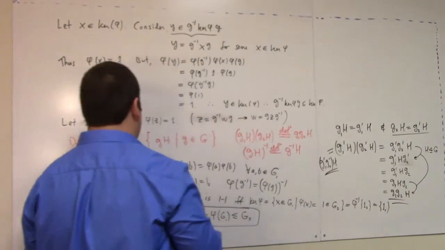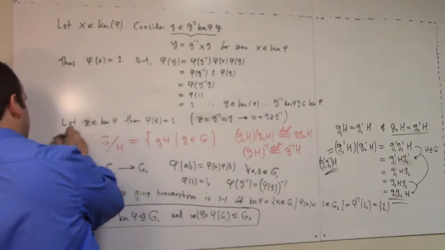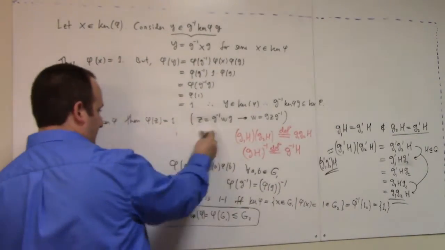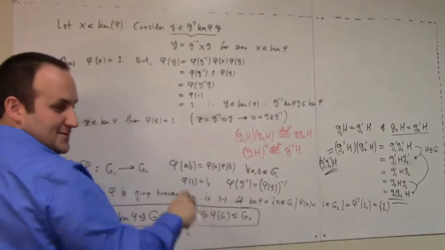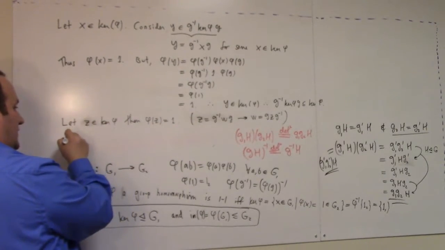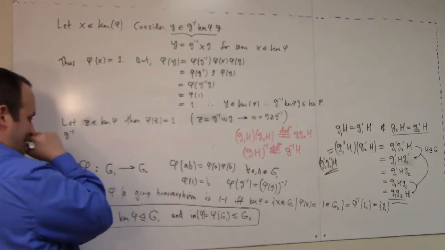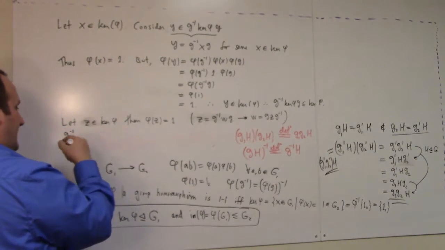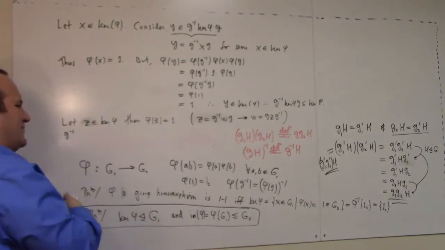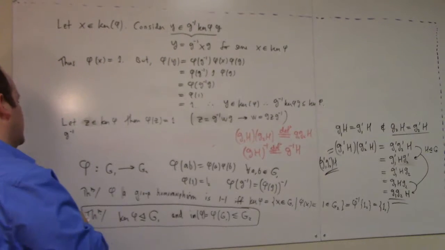So there's the man behind the curtain, and you just, to quote a certain Star Trek Enterprise captain, make it so. Let's see here. So we just do what? g inverse z g.